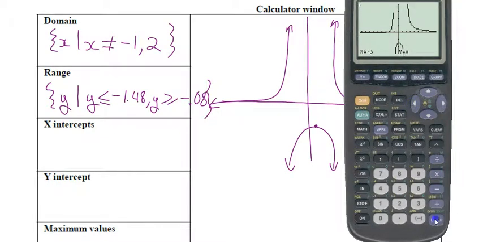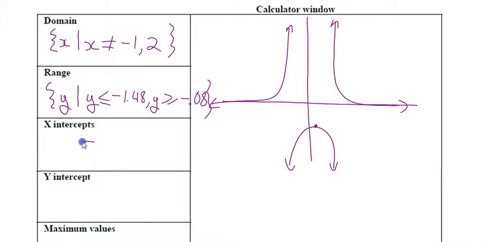Well, actually it's going to be right there, but negative 3, 0. So what am I going to write here under x-intercepts? Negative 3, just the number negative 3, right? Because the intercepts are numbers. It's the value of x where the curve crosses the x-axis.